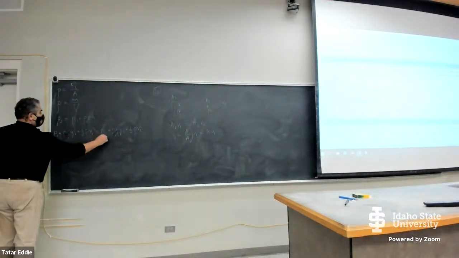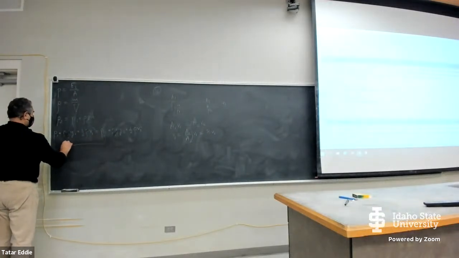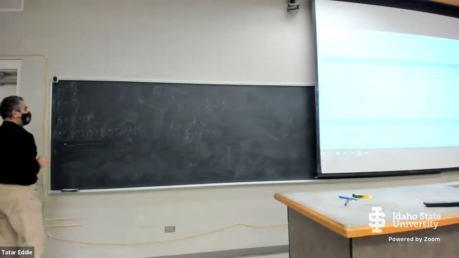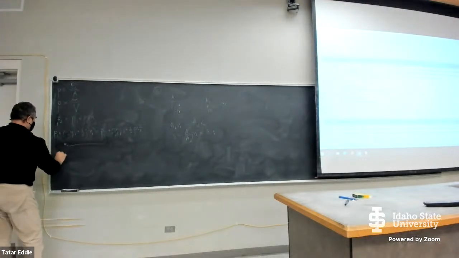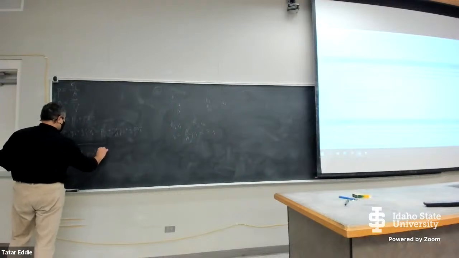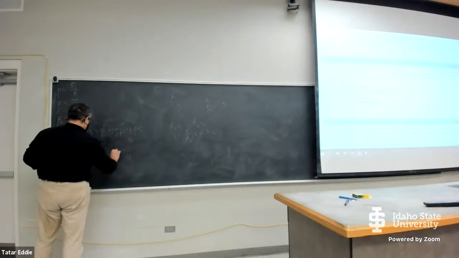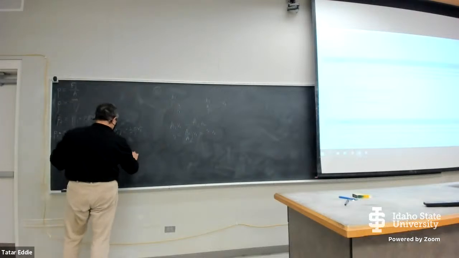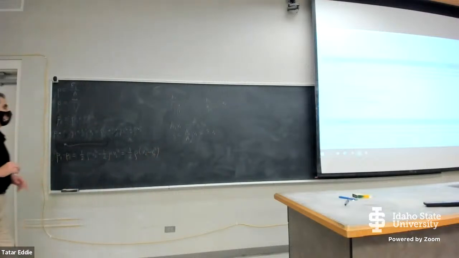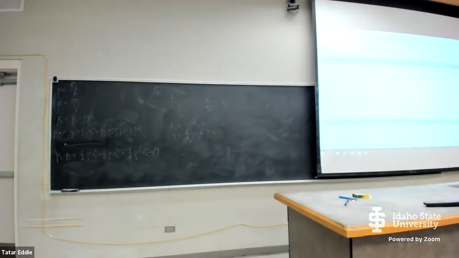And when you move P2 to the other side of the equation with opposite sign, and this term to the other side of the equation with opposite sign, you get P1 minus P2 is equal to 1/2 rho V2 squared minus 1/2 rho V1 squared, which of course can be written in a short way as 1/2 rho times the difference of the squares.